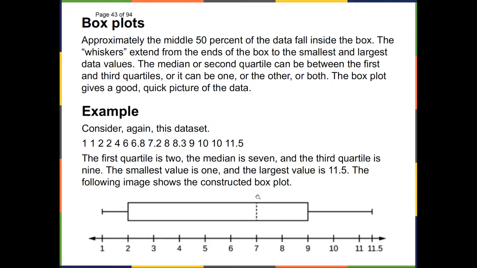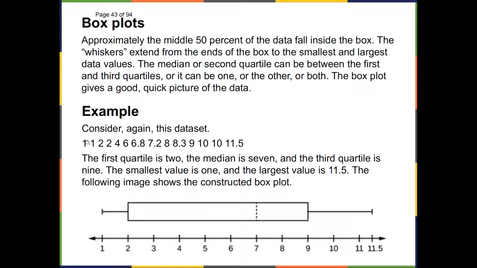Pretty simple stuff. But what this box plot does is give me an idea of the range of the data, and that's what we're trying to do in all of this module so far. I'm trying to get a sense of how widely the data is distributed. Looking at this example, what if I have these data points?